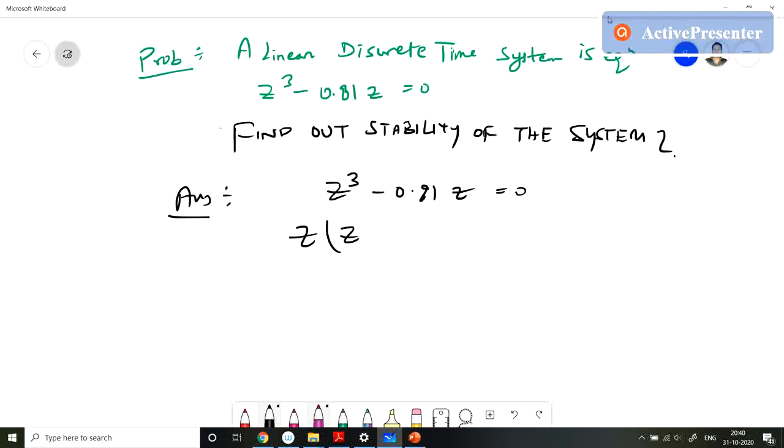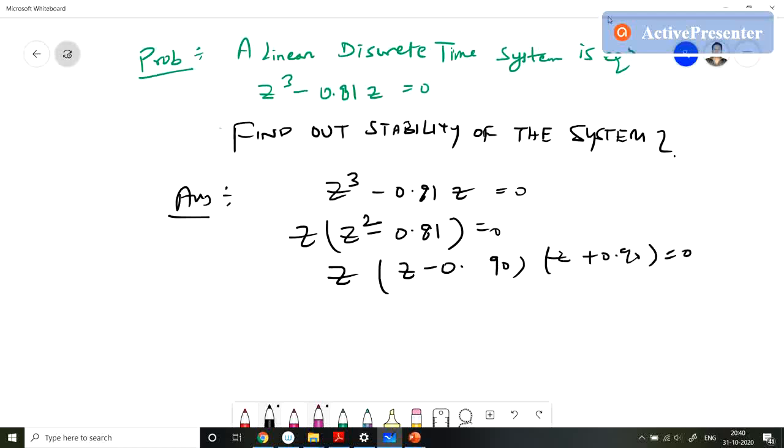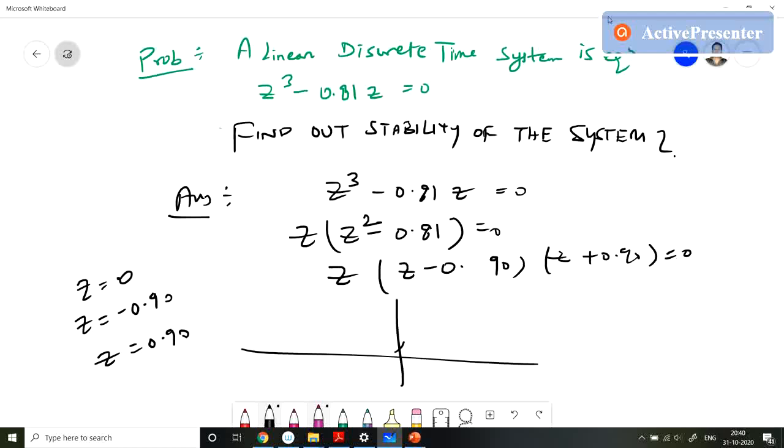If we take z common, then it is z square minus 0.81 equals 0. Then (z minus 0.90)(z plus 0.90) equals 0. So we have z equals 0, z equals minus 0.90, z equals 0.90. So we have poles at 0, 0.90 and minus 0.90.